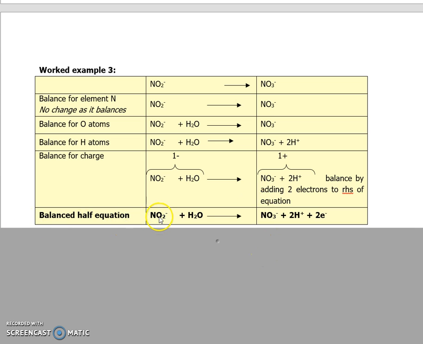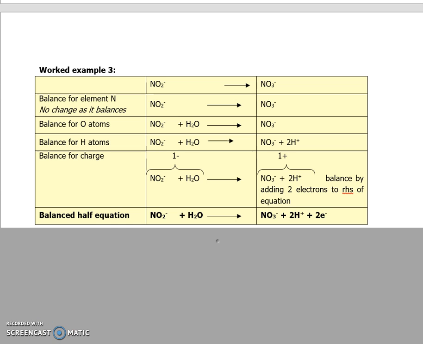And so our final balanced equation is NO2- plus H2O gives NO3- plus 2H+ plus 2 electrons. It's completely balanced because it's got 1 nitrogen, 3 oxygens on the left hand side, 3 oxygens on the right hand side, 2 hydrogens, and the charge is minus 1, then minus 1 plus 2 minus 2 is a minus 1 charge. So that's how we write half equations.